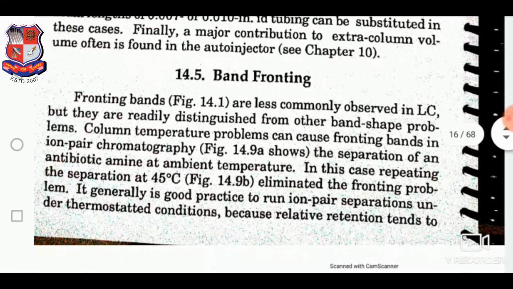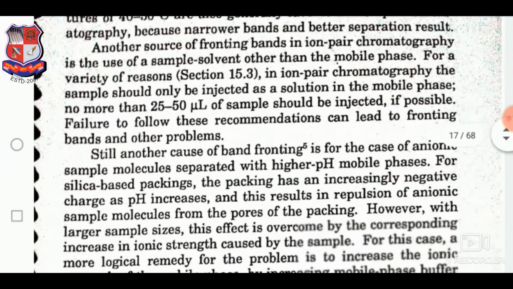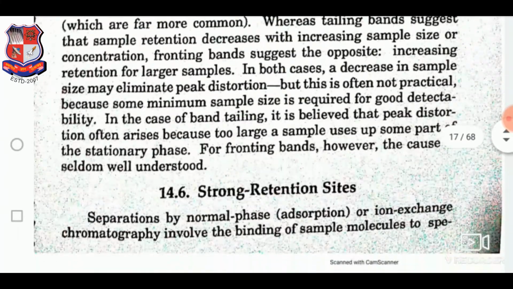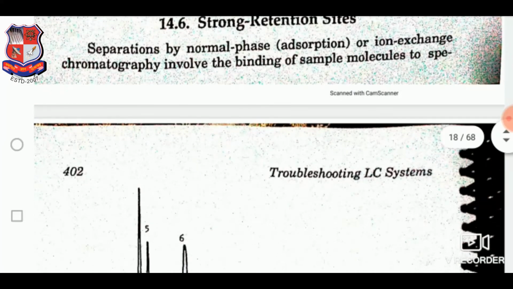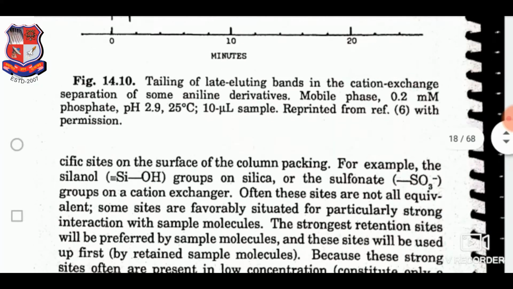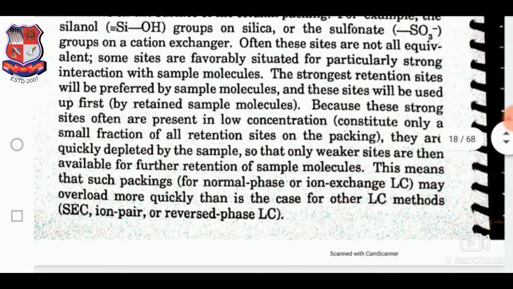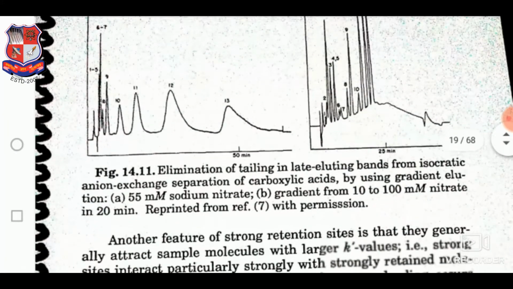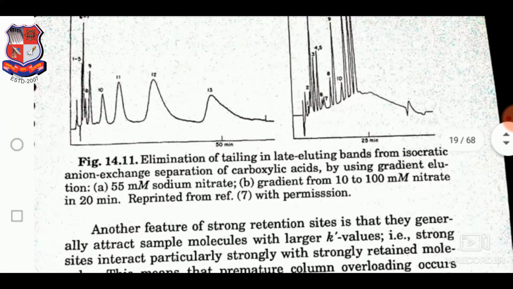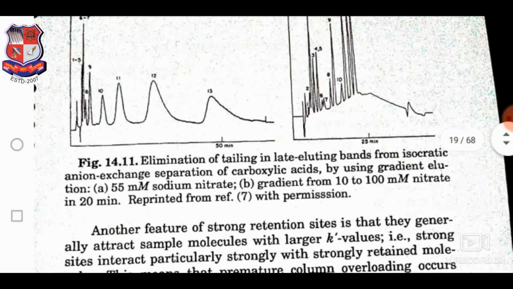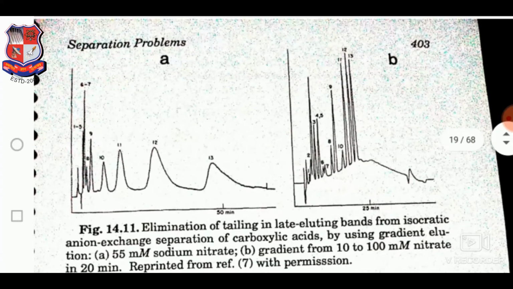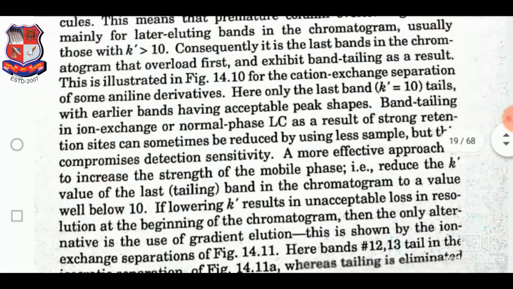So for band fronting, these are the possible causes; stronger retention sites are also there in the column packing. These are other chromatograms showing elimination of tailing in the late eluting bands by gradient elution. So by using gradient elution, we can improve the separation.